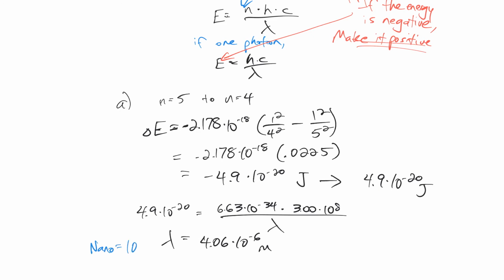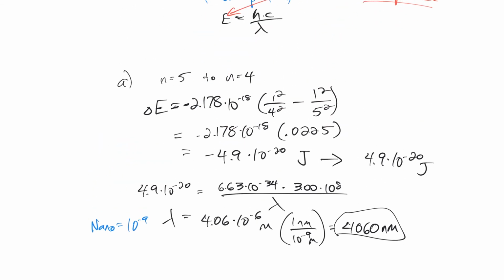Nano is 10 to the negative 9th meters. So if we set up a quick conversion factor, 1 nanometer is equivalent to 10 to the negative 9th meters. And so whatever you get in terms of number of meters, add 9 to the exponent. And in this case, we get 4,060 nanometers. That's our answer to part A.